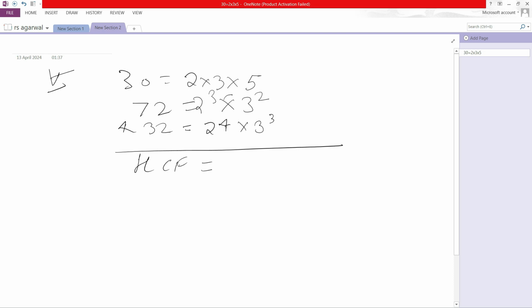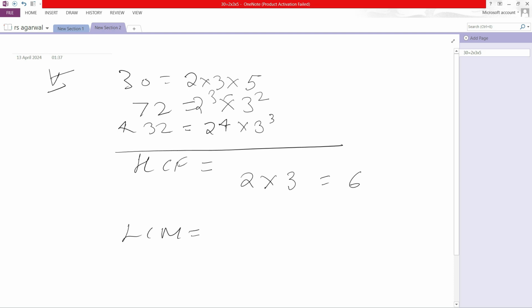For SCF, 2 in 30 is only one time, so we'll take 2 into 3, since in 30 3 is also only one time. 5 is not present in 72 or 432, so SCF is equal to 6.